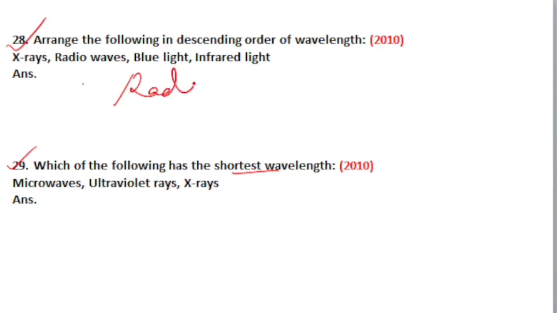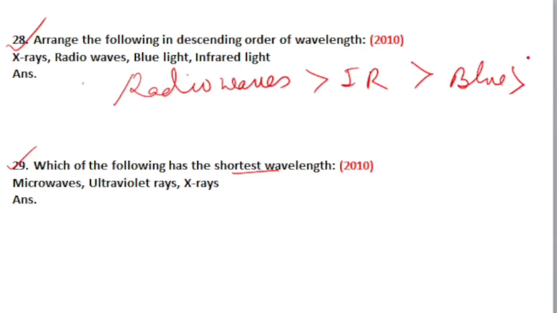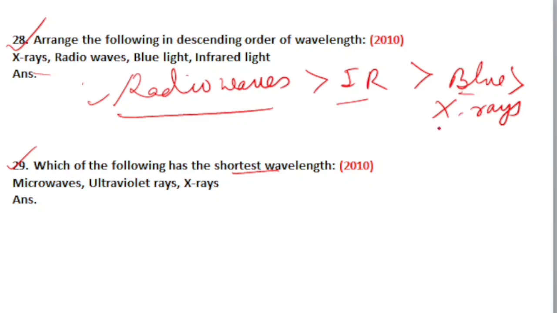Radio waves have the highest wavelength, then infrared, then blue light, and last, shortest wavelength, X-rays. X-rays have shortest wavelength and highest frequency, like gamma rays. So radio waves have greatest wavelength from all these four. Then infrared; shorter than infrared is blue light, and shorter than blue light is X-rays.